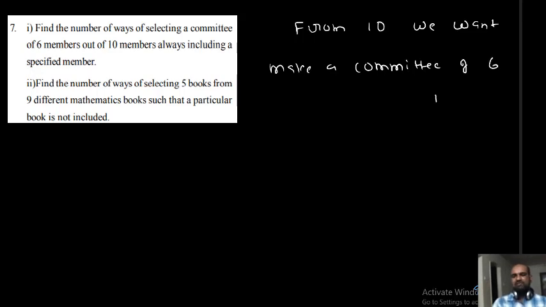Without condition, I can say 10C6. But what is given? A specified member should always be included.